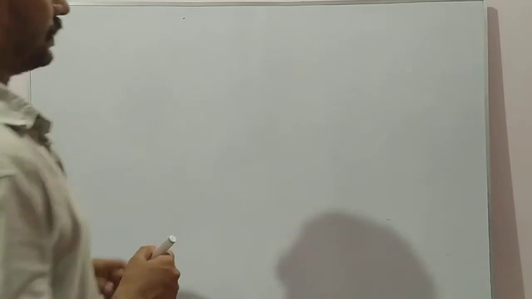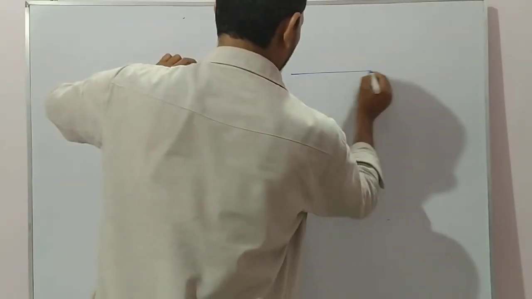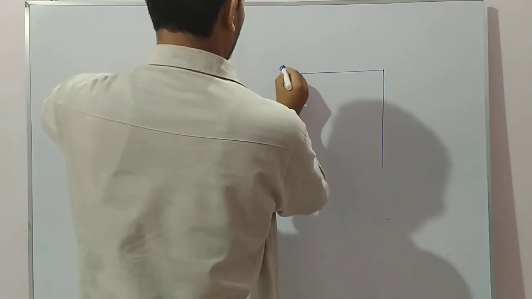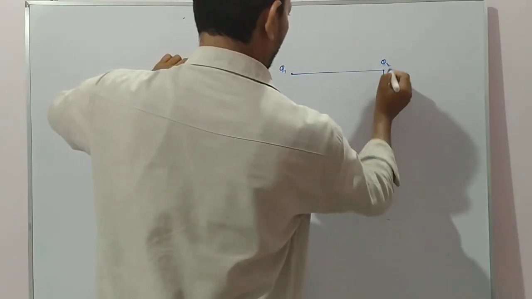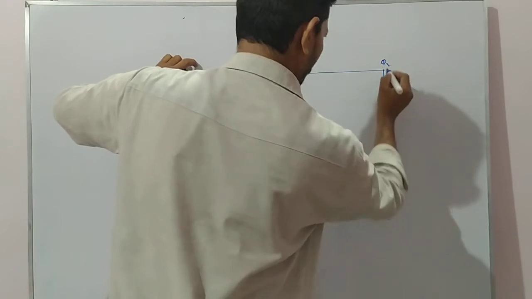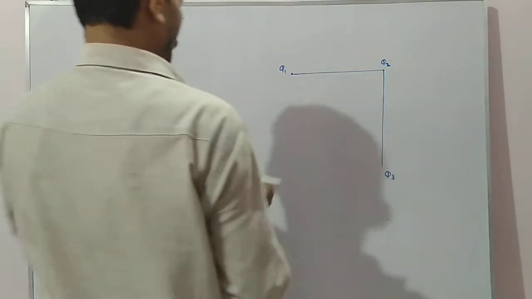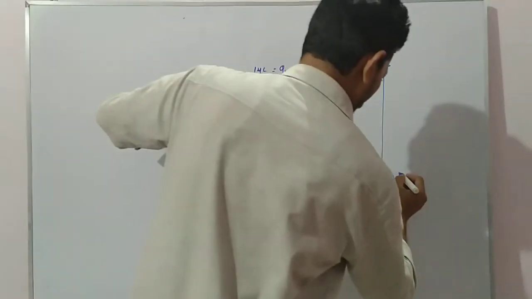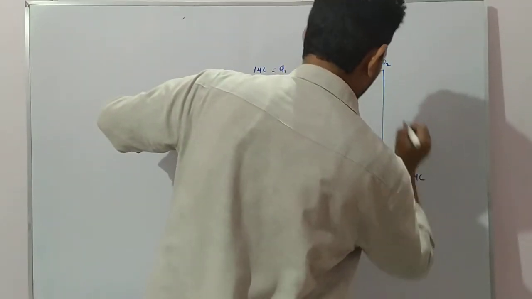One more sum related to this. See here. This is Q1, Q2, this is Q3. Q1 is given to be 1 microcoulomb. Q2 is 2 microcoulomb and Q3 is 3 microcoulomb.